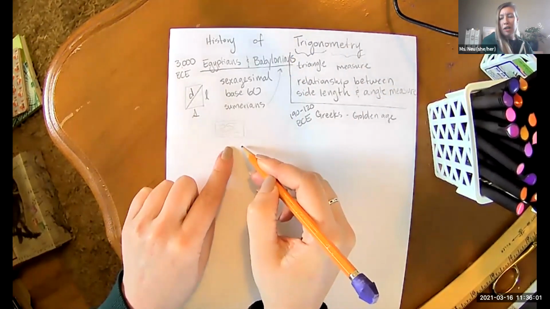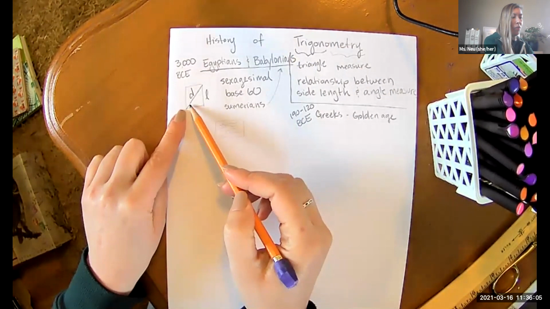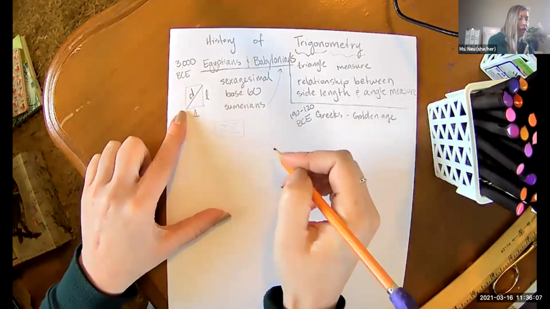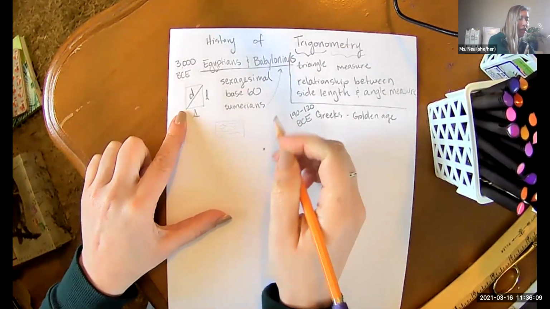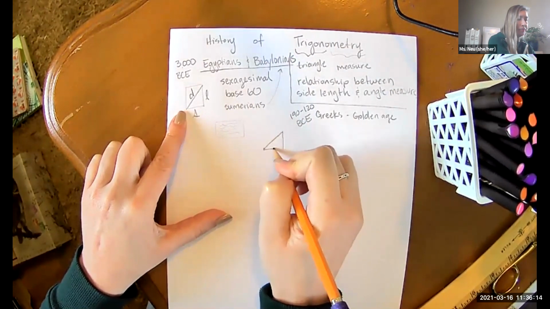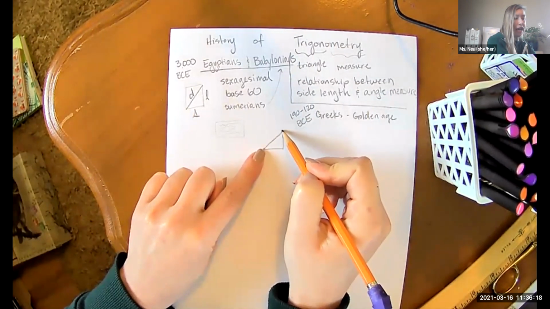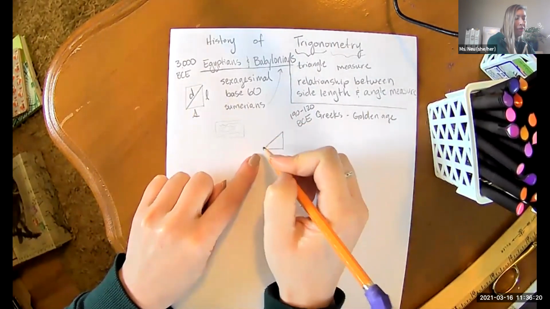So what this awesome tablet was showing, right, is what happens when we take a triangle. And what happens if we spin this diagonal, the hypotenuse, up a little bit, right?